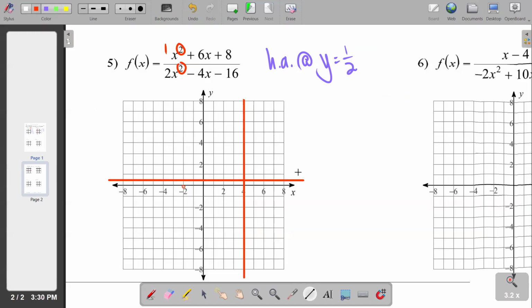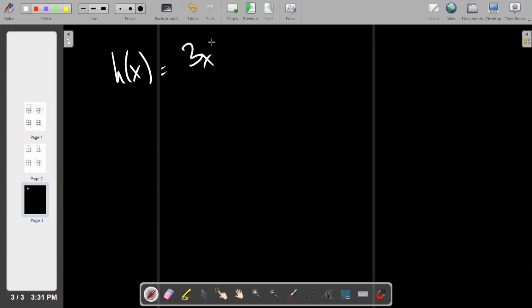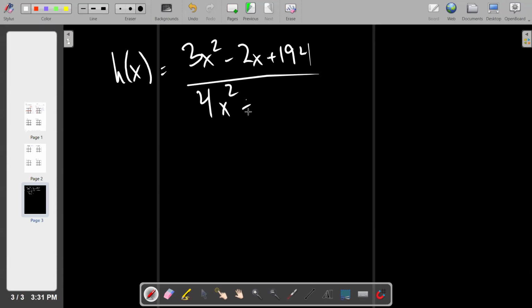Rule number 1, if the degrees on the top and the bottom are the same, your horizontal asymptote will always be at the ratio of the leading coefficients. So if I wrote you some crazy problem like h of x equals 3x squared minus 2x plus 194 over 4x squared plus 11x minus 182.